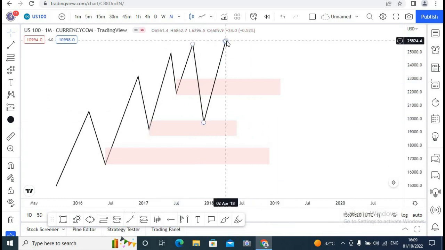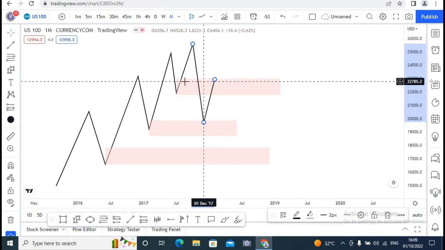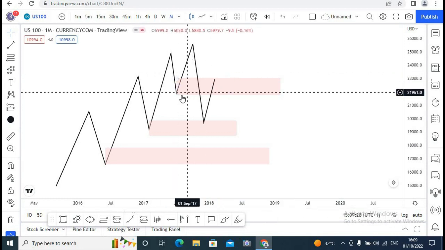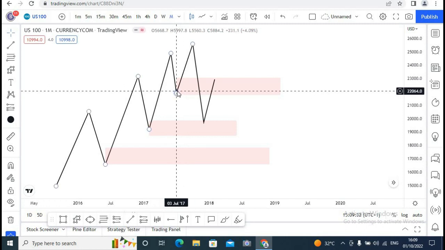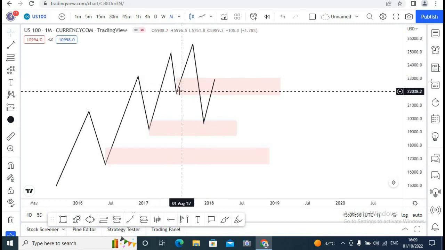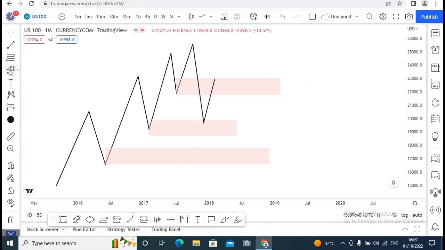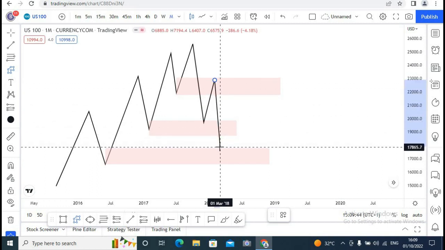But if price fails to continue going up, they will come and respect the breaker block, because remember, this was a demand zone area. So sometimes the price will come and fill the orders which they failed to fill on this zone area. So they'll go away to the downside, something like this.